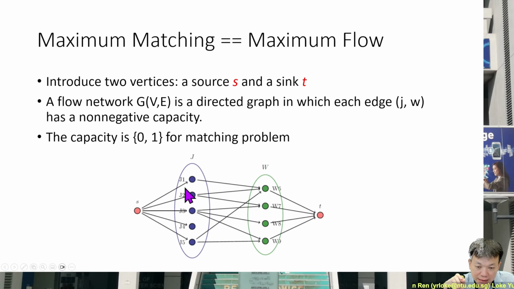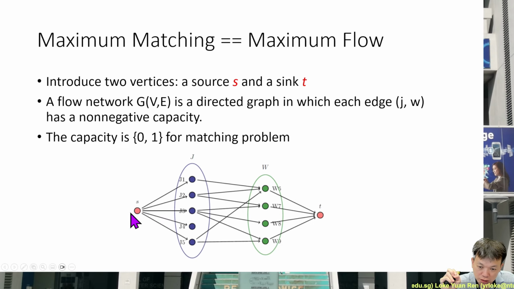as I just mentioned, you have 2 disjoint sets, J and W. In this example, J has 5 vertices: J1, J2, J3, J4, and J5. In the W subset, I have W6, W7, W8, and W9, 4 vertices. Here, I introduce 2 new vertices: one is the source, the other is the sink.